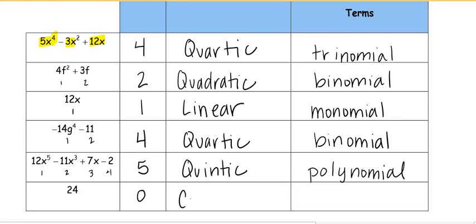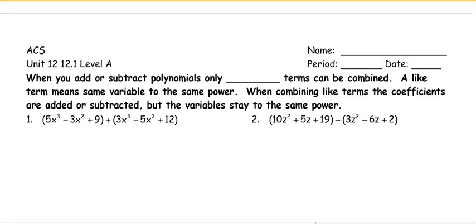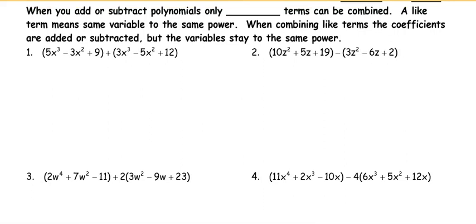This is called constant, which means it's not going to change. This number will always be 24. So a constant with one term is a constant monomial. That's the vocabulary. Now what we're going to do is add and subtract these polynomials.